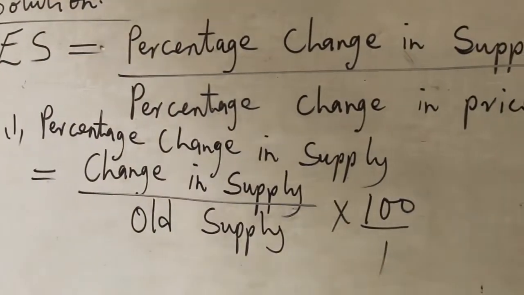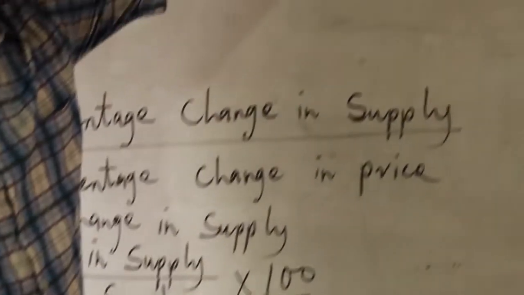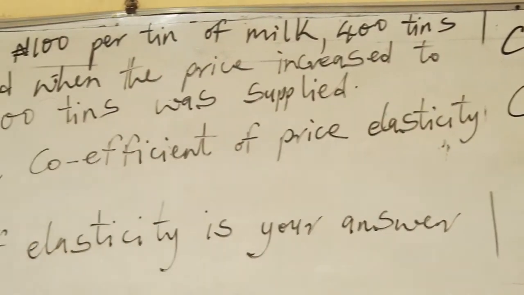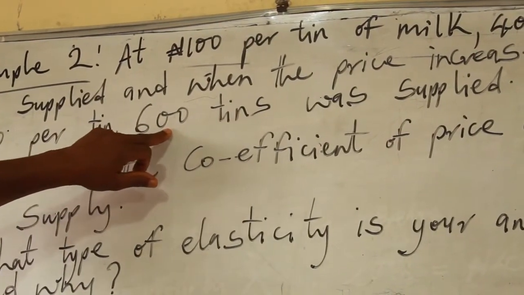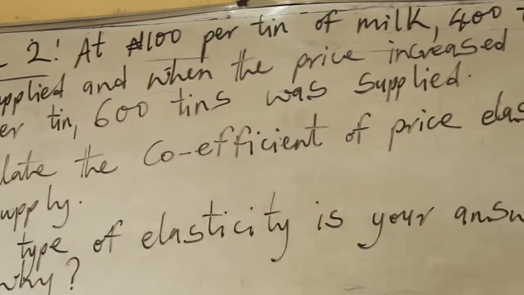And from our example, you can see that the first supply here is 400 and the second supply here is 600, and the change will be the difference between the two supplies.